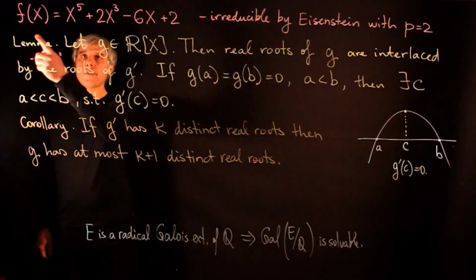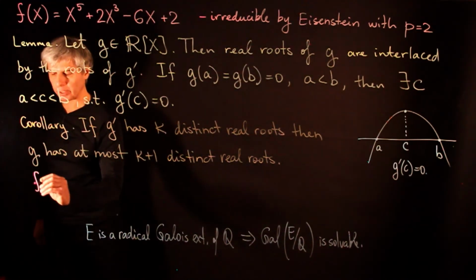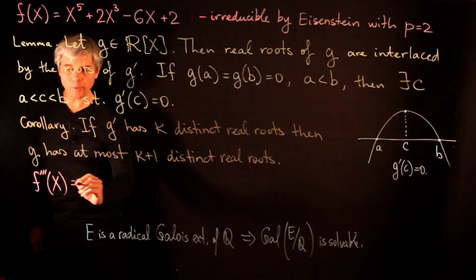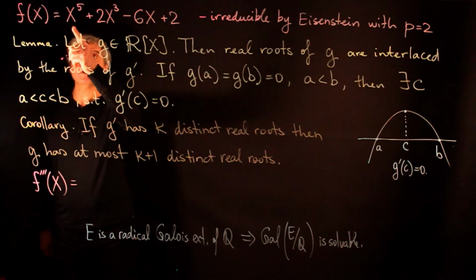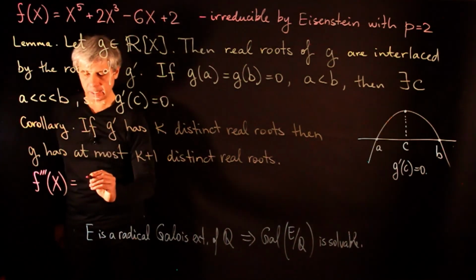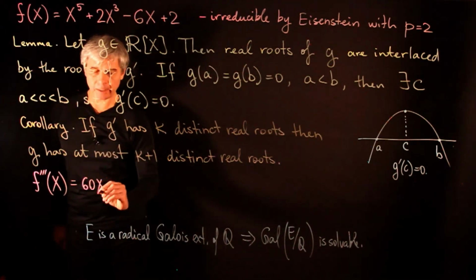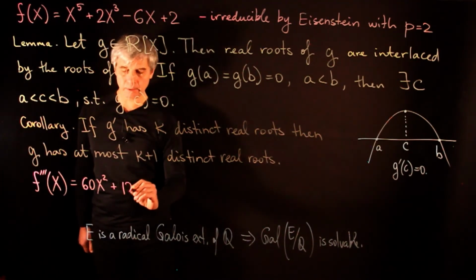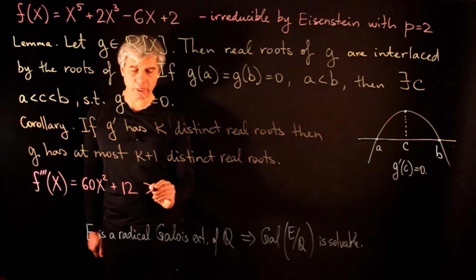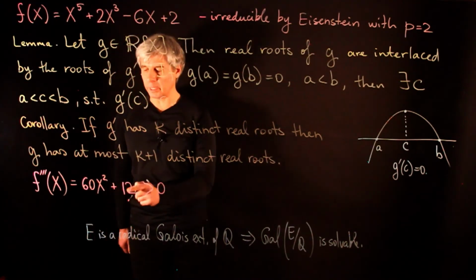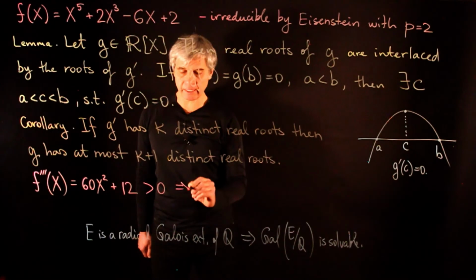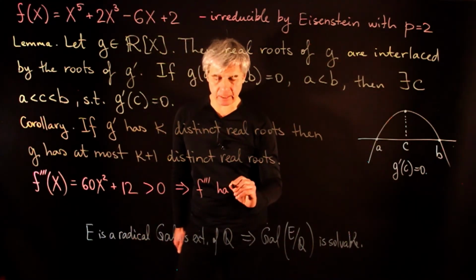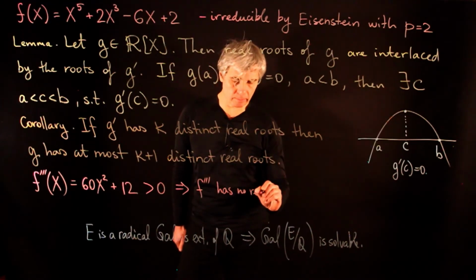Now let us look at the third derivative of our polynomial. The third derivative of this polynomial is going to be 5 times 4 times 3, that's 60x squared plus 12. And we see that this expression is strictly positive for all real x. So this tells us that the third derivative of our polynomial has no real roots.